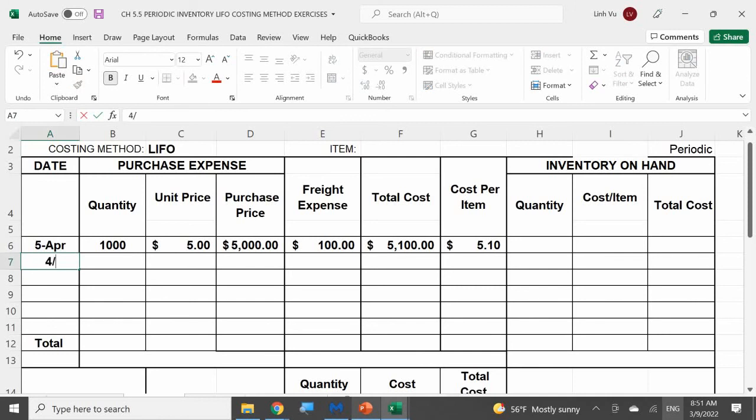We purchased 750 units at $5.75 each with a freight of $75.